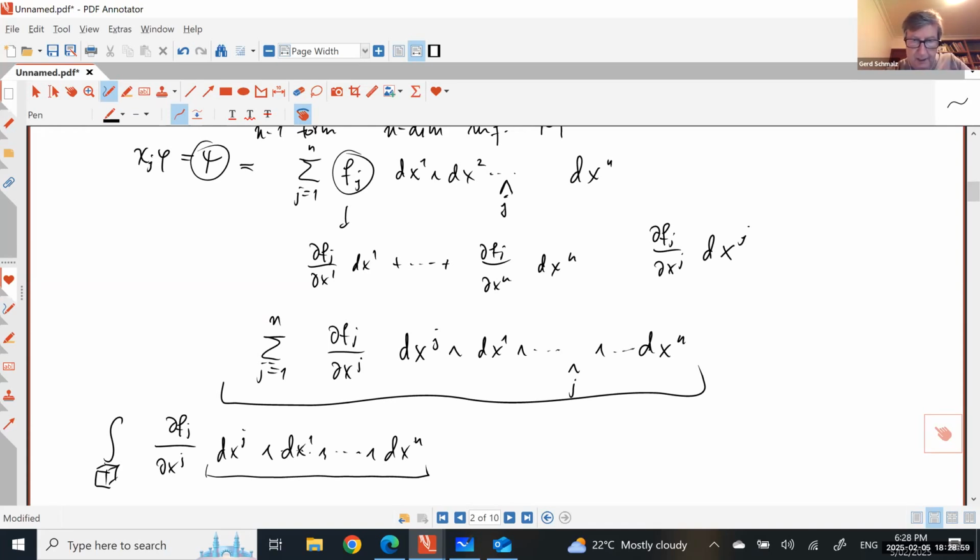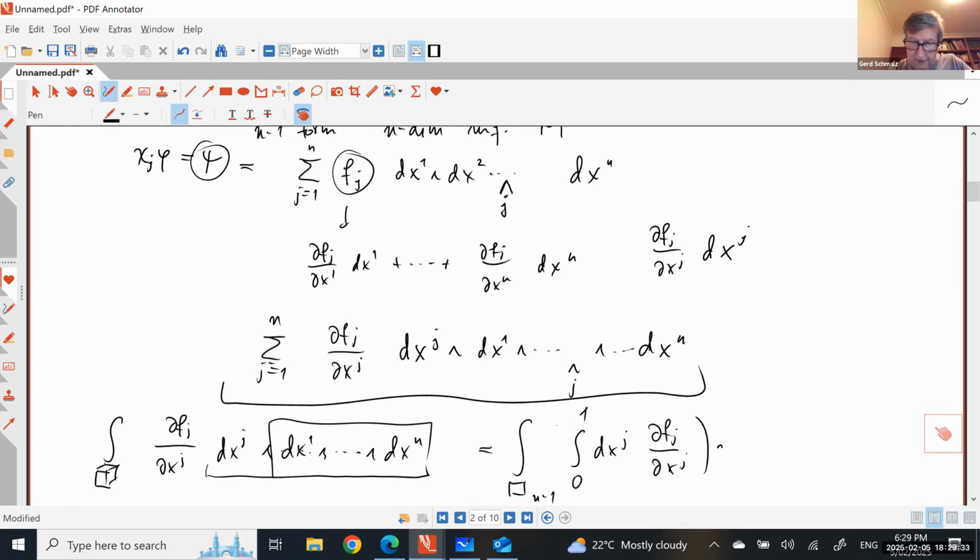So I can actually do this integration with respect to x_j first, and that goes from 0 to 1, multiplied by df_j/dx_j dx_j, and then I perform integration over this n-1 dimensional cube, which depends on just these.